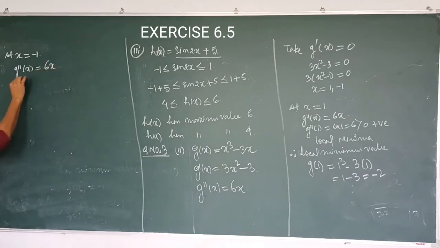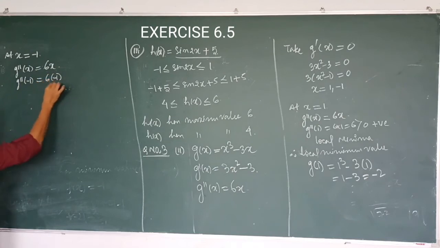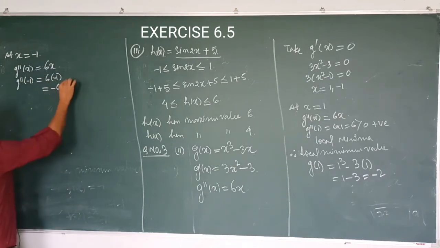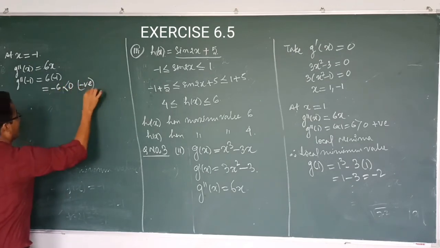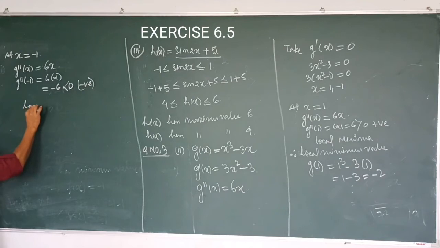Therefore g double dash of minus 1, you will get 6 into minus 1, that is minus 6. Minus 6 means maximum. When you get a negative value, then we call it local maxima.